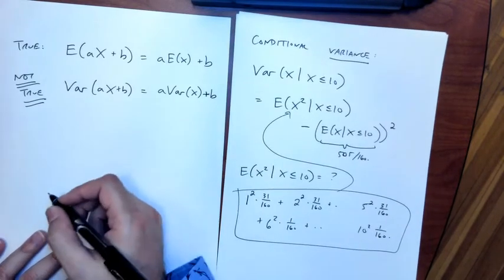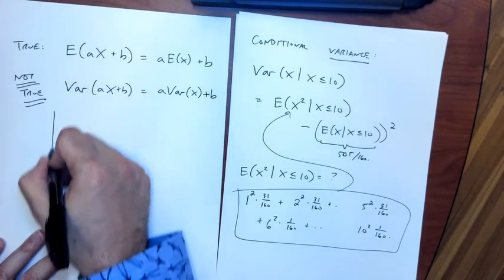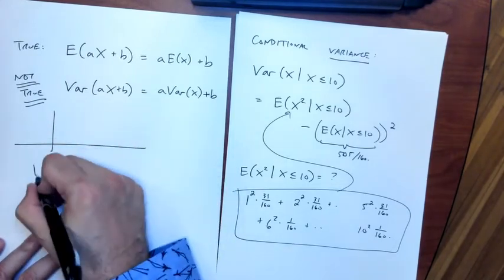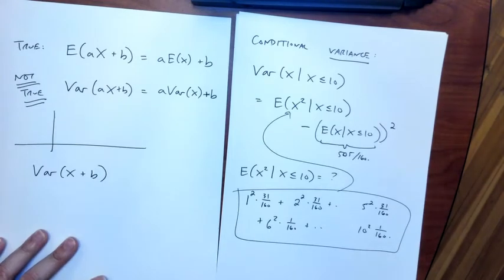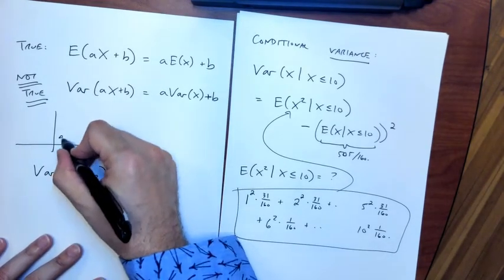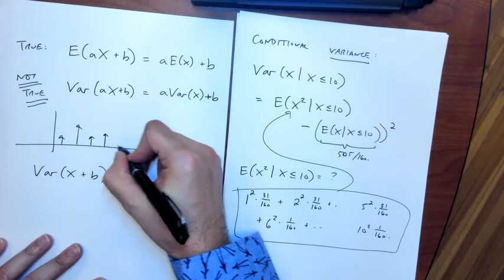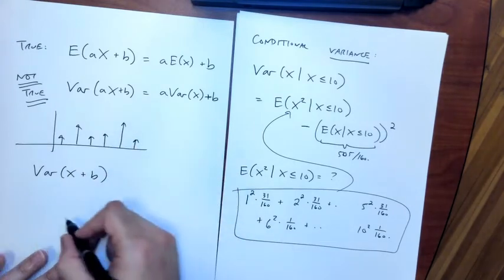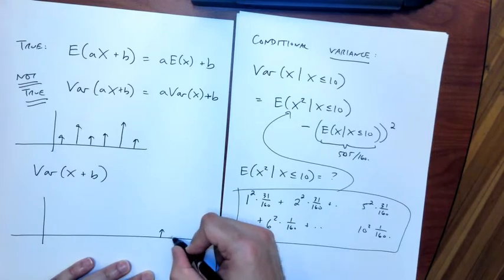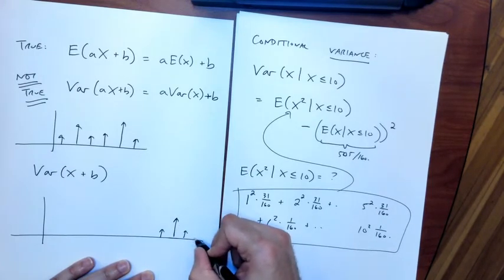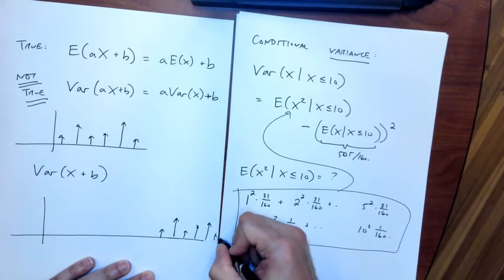Kind of one reason immediately that you can see why this is not true is that, suppose I just had variance of x plus b by itself, right? That's like saying I have a PMF here with some variance, and then I just take the same values and I shift them by b, right?